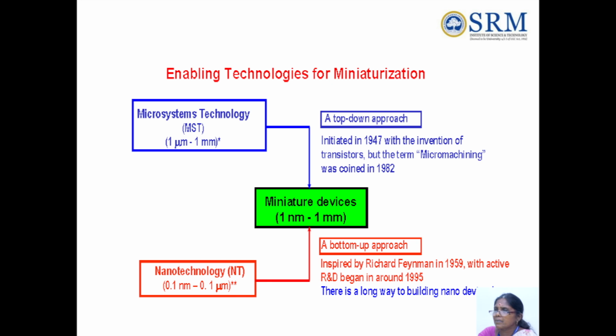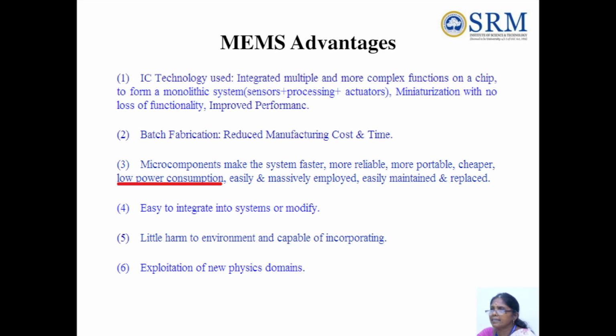Enabling technologies for miniaturization: microsystem technology, the top-down approach and the bottom-up approach. Nanotechnology is 0.1 nanometer to 0.1 micrometer. Microsystem technology is 1 micrometer to 1 millimeter. The MEMS advantages: IC technologies are used to integrate multiple and more complex functions on a chip to form monolithic systems.